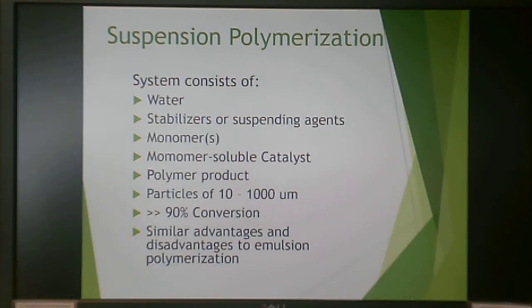And your catalyst is soluble in the monomer in suspension as opposed to the water. They both get really high conversion, but they both have the issues of contamination from stabilizers or surfactants, and then having to remove all of that water that you've suspended the reaction system in.